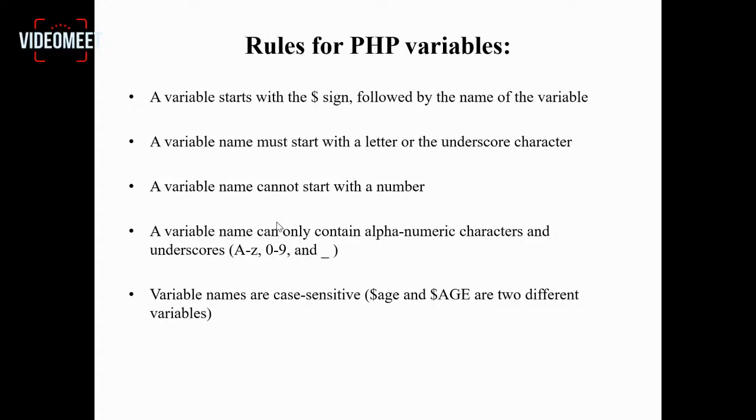A variable name can only contain alphanumeric characters and underscore. That means A to Z in both upper and lower cases, 0 to 9 digits, and then the underscore symbol. Apart from these three, you cannot use any other symbols as part of your variables. Then variable names are case sensitive. So that means $age in small letters is different from $AGE in capital letters.